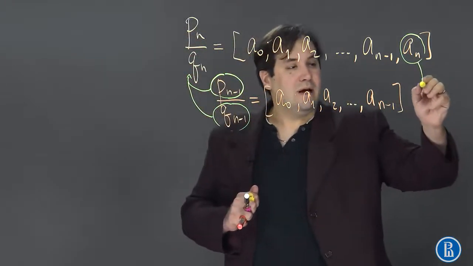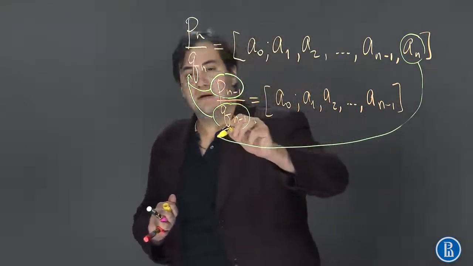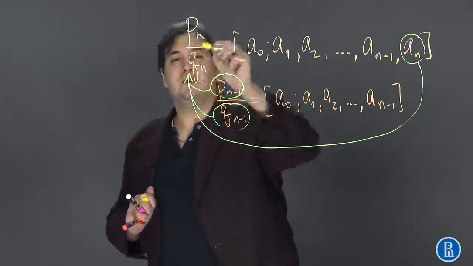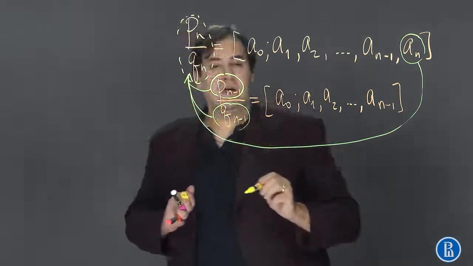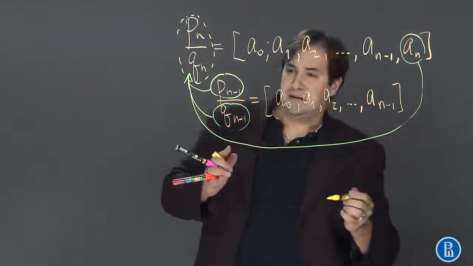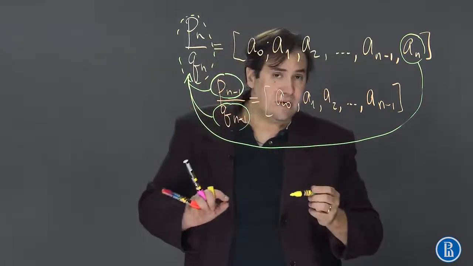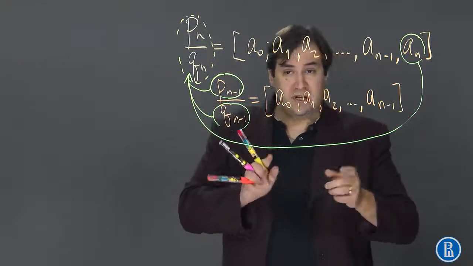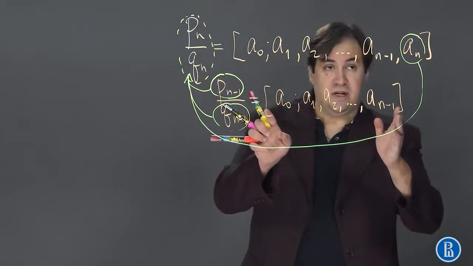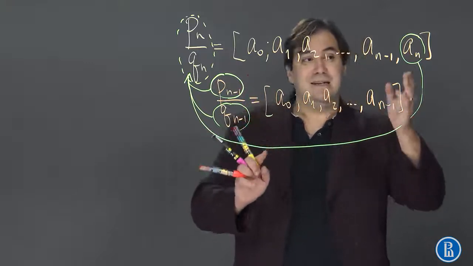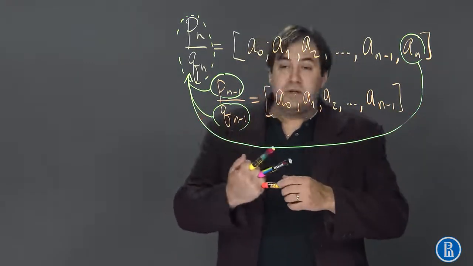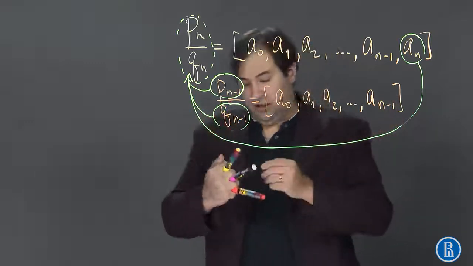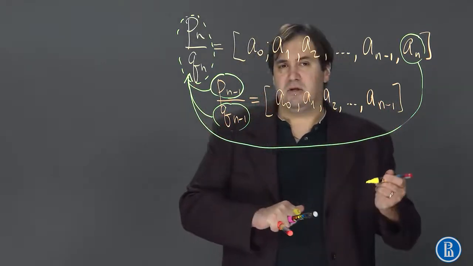Well, if we unite all these three, we can calculate this fraction over here, which of course means that Pn minus 1 over Qn minus 1 contains all of the information about this part of the continued fraction, and all that is added is An. The formulas that give us this connection are indeed not so complicated.